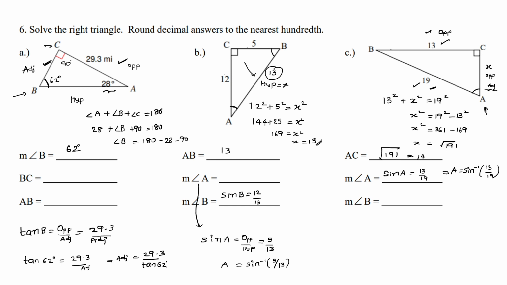Similarly, if you observe from point B, this will be adjacent. So sin B is equal to AC by 19, so root 191 by 19, or you can find cos B, adjacent by hypotenuse. Even that is also good.